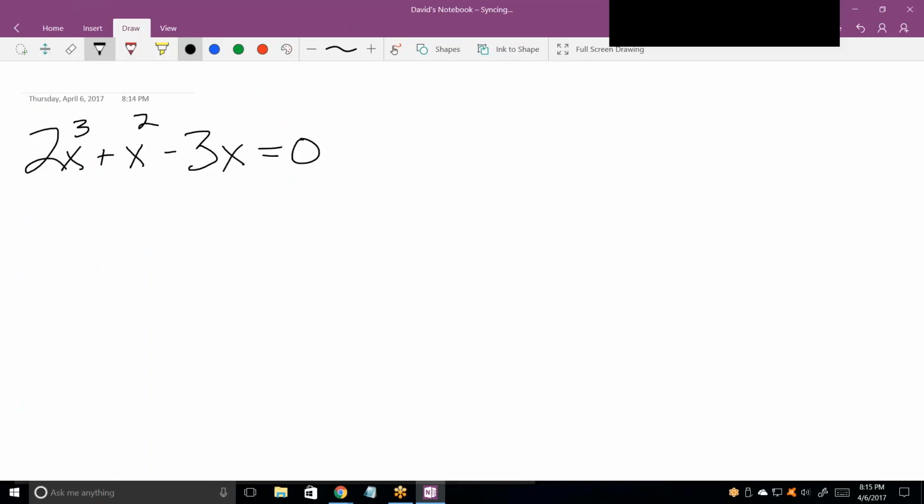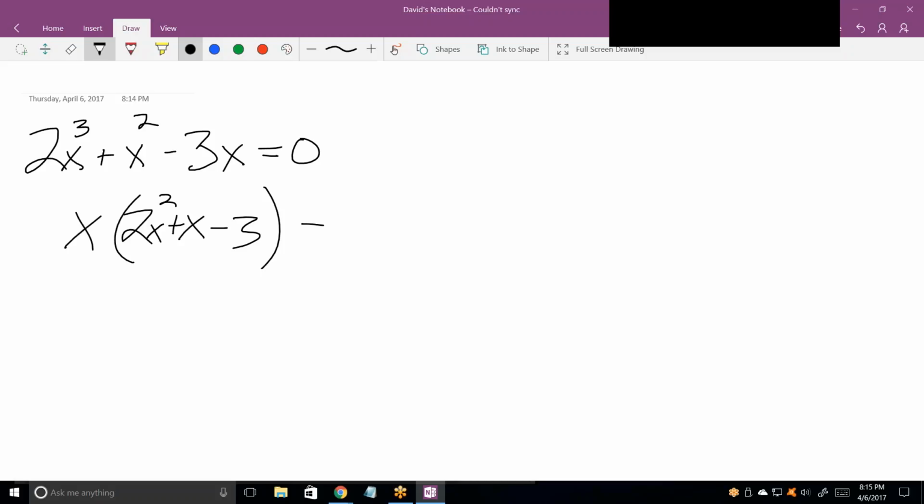I've got this being added to this and this being subtracted from that. So for me to use the zero product property, I've got to get some stuff being multiplied together. That involves factoring. So what's the first step to factor this? To take out an x. Greatest common factor. What's left? 2x squared plus x minus 3.